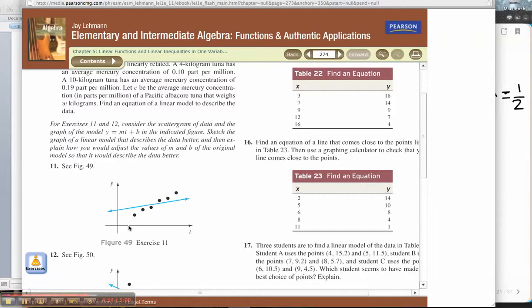It would be a bigger positive slope, and then our y-intercept would probably be a negative value, maybe 0, but probably a negative value, or a very, very small positive value. And that's what would make a better fit to this model here. And that's all I really wanted to say about that.